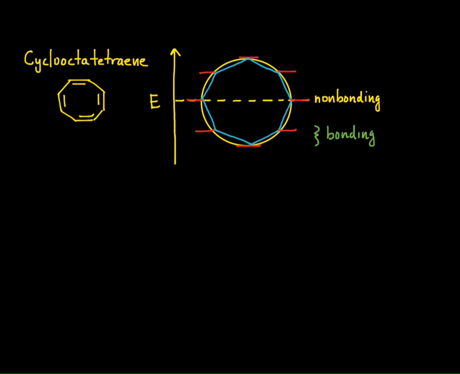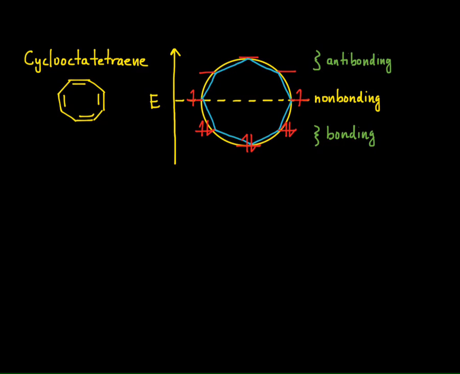How many electrons do I have in this system? I have 8 pi electrons, right? So I add 2 electrons to the lowest energy, and then 4 going into the second lowest energy, so that's a total of 6. And so I have 2 left over. Again, one goes into a non-bonding orbital, the other goes into the degenerate non-bonding orbital.